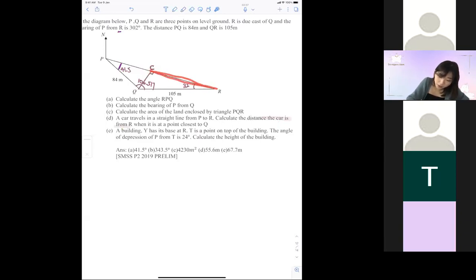Okay, so let's see. This is a right angle triangle. You have this angle here. You want adjacent. You have the hypo. So AH you use car. So cosine 32 is CR over 105.